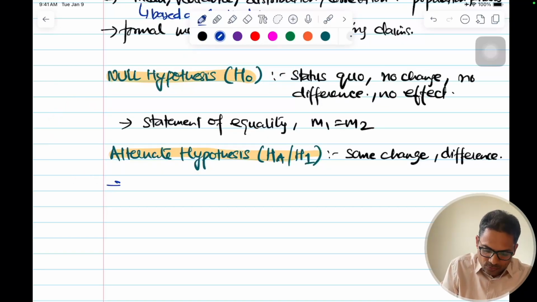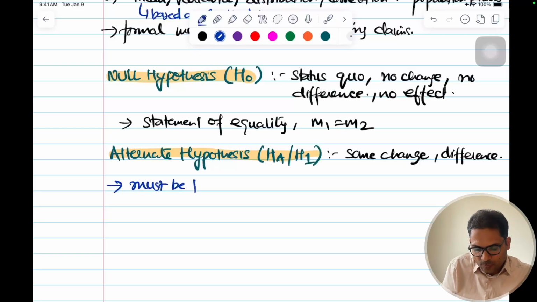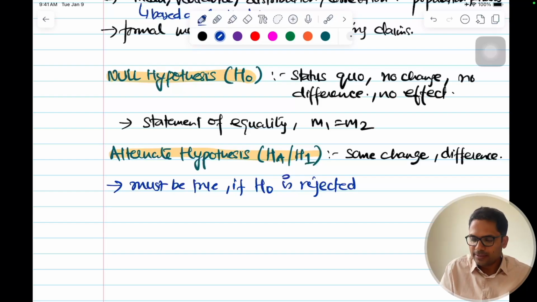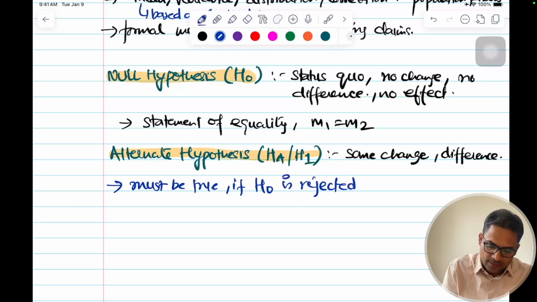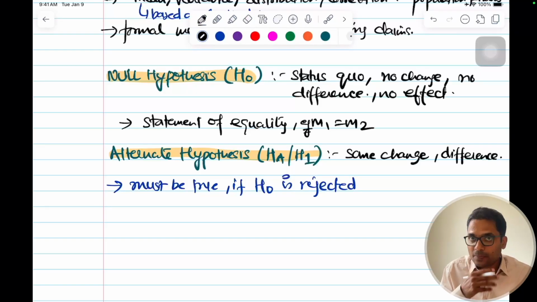So what does it say? This must be true if the null hypothesis H0 is rejected or false. Generally it is a statement like not equal to, or less than. As I mentioned, the null is a statement of equality, and here it is not equal, meaning something has changed.